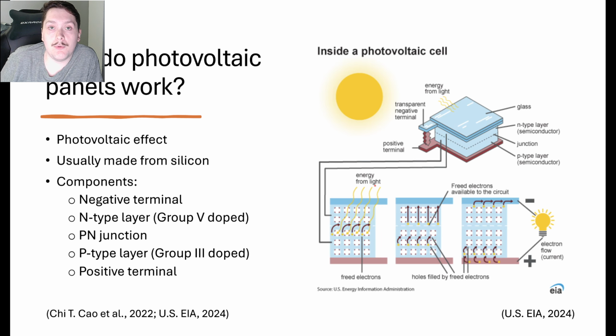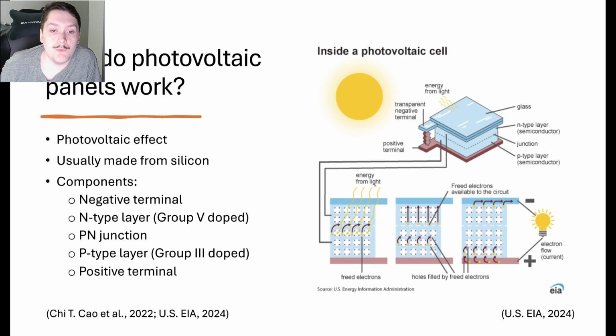This is particularly important in that it is doped or injected with a group 5 element, most commonly phosphorus. This is important because group 5 elements have 5 valence electrons, so they are able to bond to 4 silicon atoms, and then they will have 1 free electron that is able to just kind of float out there.